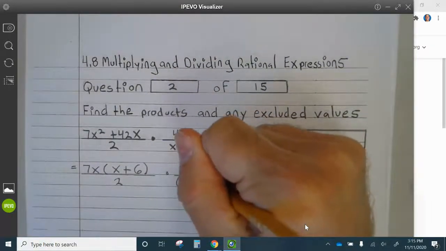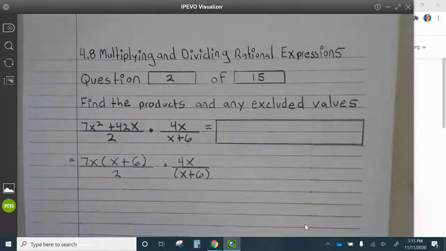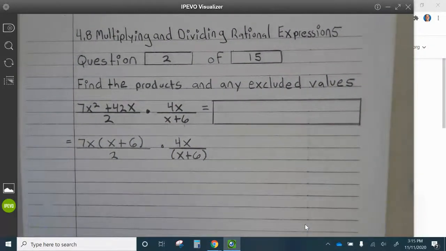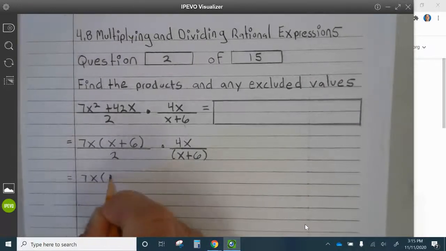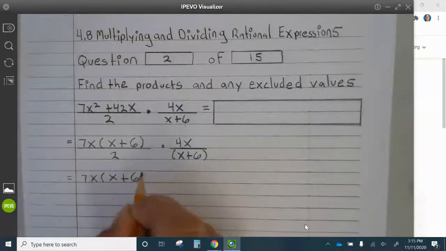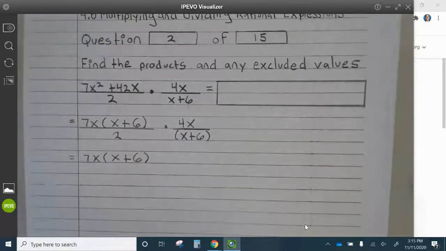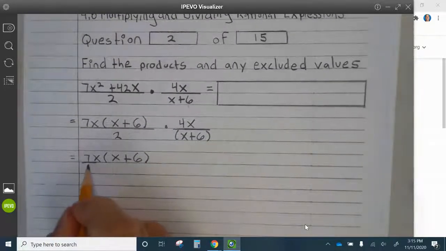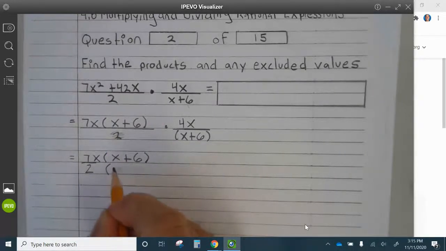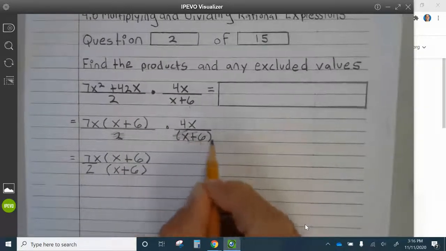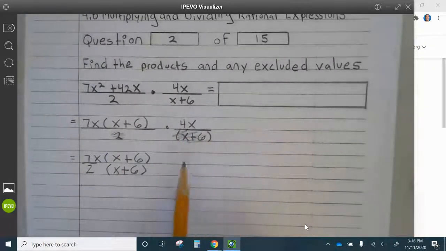Now, we want to rearrange the numerator and denominator so we can find any special ones that divide out. So we can just rewrite the numerator, so 7x times x plus 6. We can go ahead and put the 2 underneath the 7, so we're done with that. And then we can put the x plus 6 there. But I almost forgot, we can actually go ahead and multiply this. So 4 times 7.